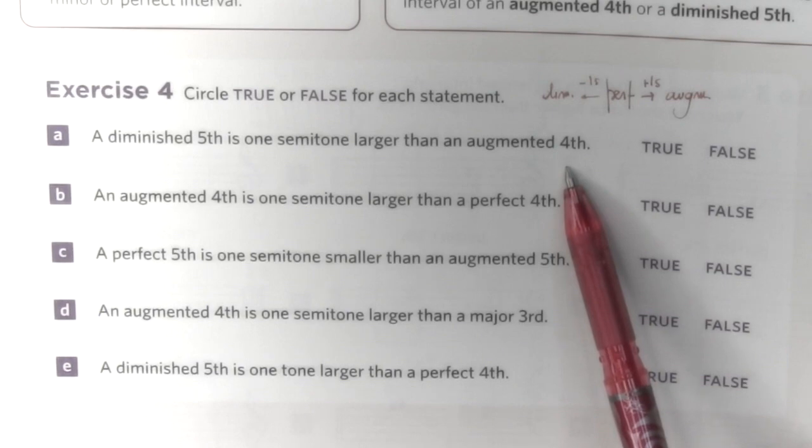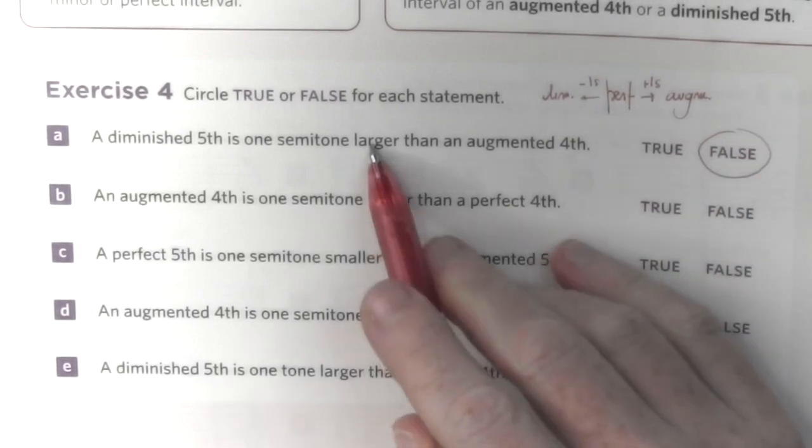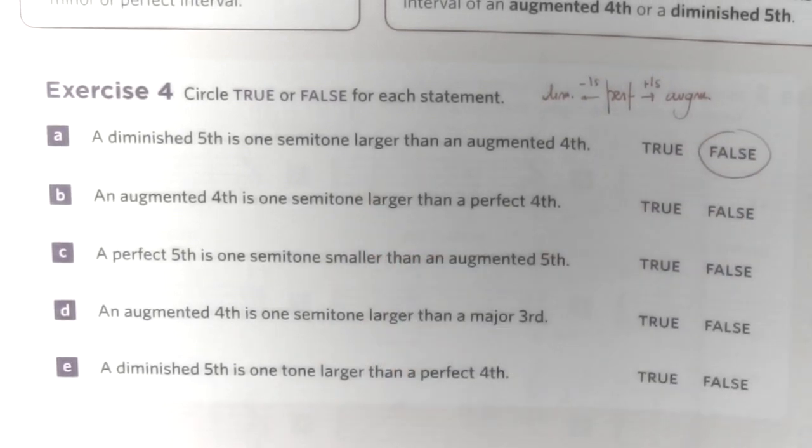Because if we consider Do Sol flat, that's a diminished 5, so C, G flat. If we call G flat F sharp, that means an augmented fourth. So this is false because it's not larger, but it's the same.